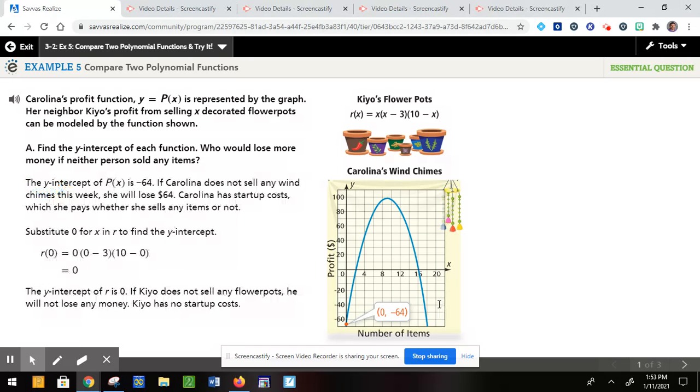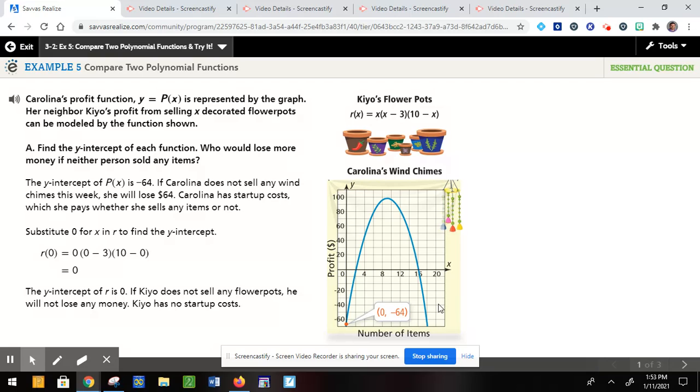All right. So looking at Carolina, her y-intercept is (0, -64), just based on the graph from what we already knew about her function. So that means she would lose $64 if she makes nothing. Okay.